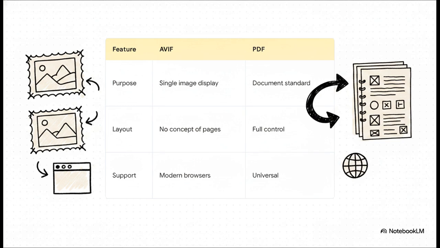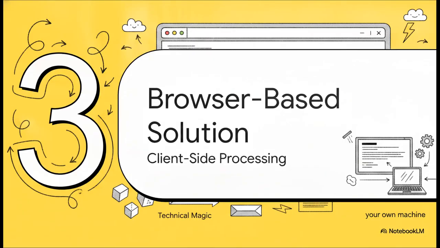Now, PDF, on the other hand, well, that's the legacy universal standard. It's built for multi-page documents, precise page layouts, text, vectors, and highly reliable professional printing across basically any operating system on the planet. So converting AVIF to PDF takes that hyper-efficient image data and basically wraps it up in a universally accepted, bulletproof container.